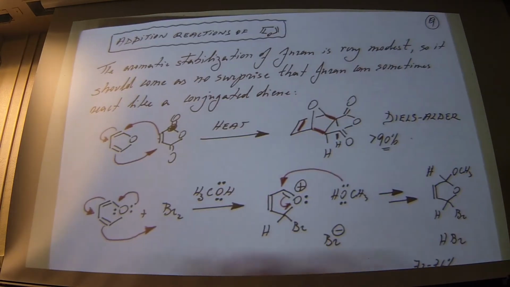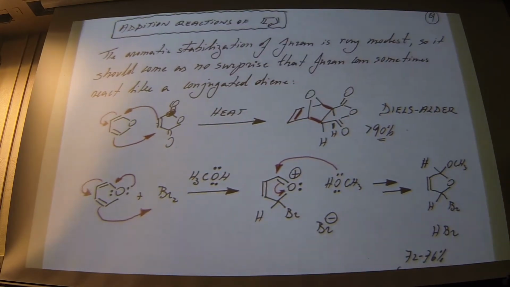Let's continue our discussion of the chemistry of aromatic heterocycles. Last time we mentioned that furan, but also thiophene and pyrrole, although they are aromatic, also behave like dienes.